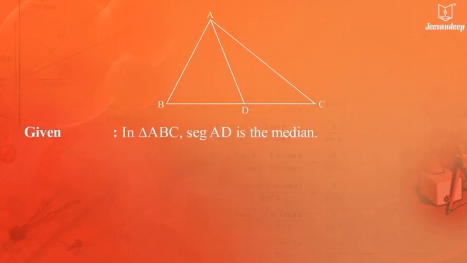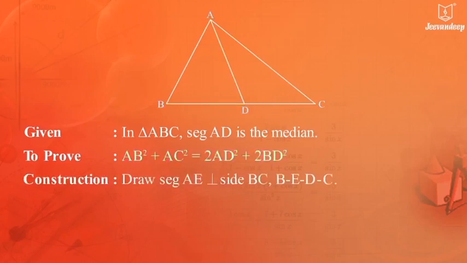Given in triangle ABC, segment AD is the median. To prove, AB square plus AC square equals 2AD square plus 2BD square. Construction. Draw segment AE perpendicular to side BC, getting a straight line BEDC.